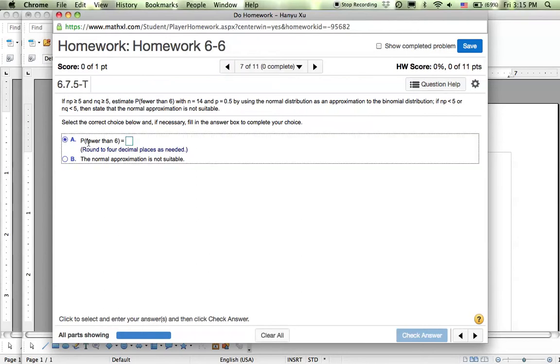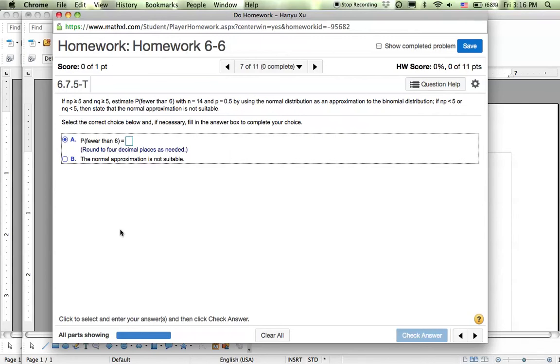And it asks what is the probability of getting fewer than 6? As we talked about in class, for this approximation, you have to really look at what they are asking, and there will be a 0.5 change, from x minus 0.5 to x plus 0.5, for this number.